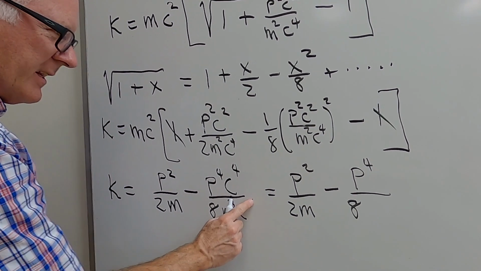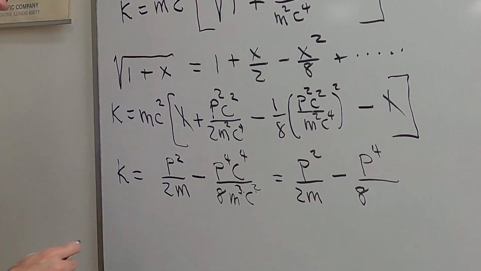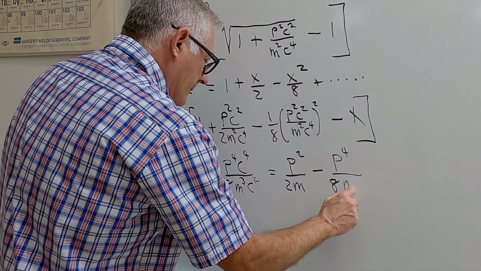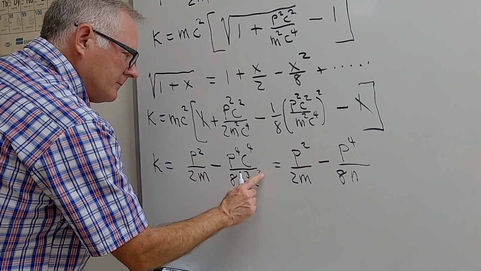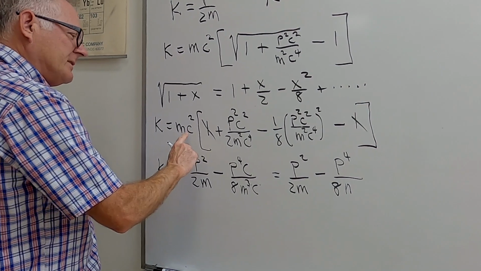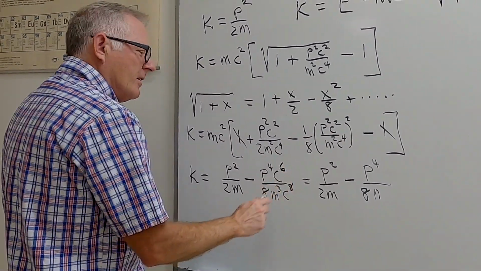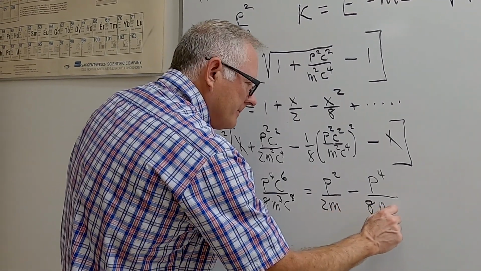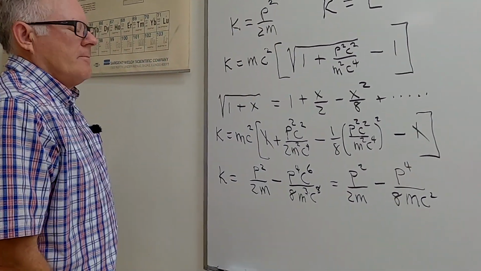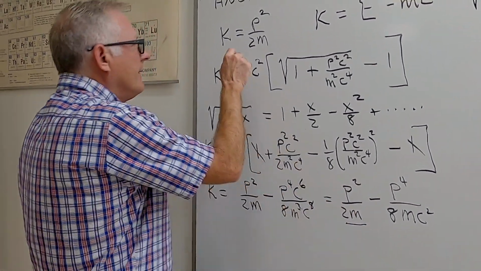So that was really just c squared right there. Okay, and so that's 8 m cubed... just remember that was c to the sixth on the top and c to the eighth on the bottom, so it was c squared down here. 8 m cubed c squared.